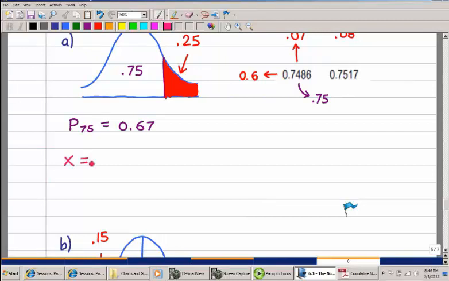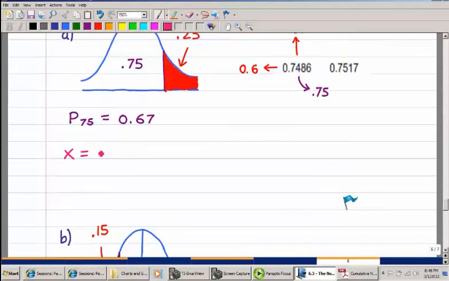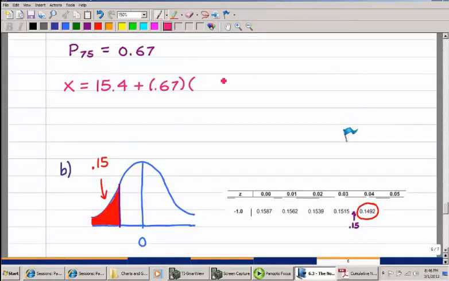X equals, go back up here and see what the mean and standard deviation are. Mean is 15.4 plus the z that we just found, 0.67, times the standard deviation of 2.5.